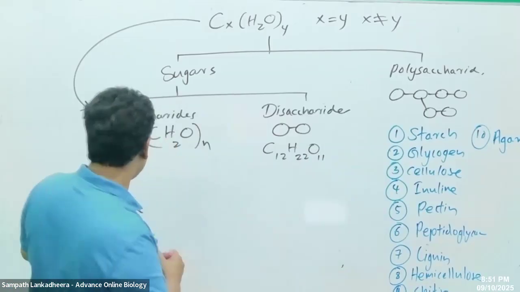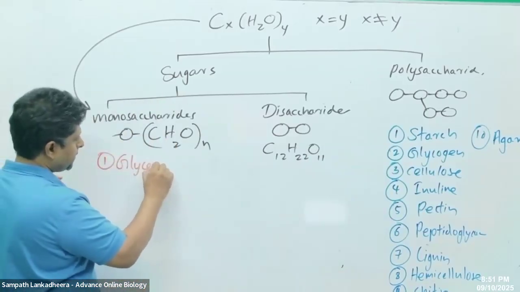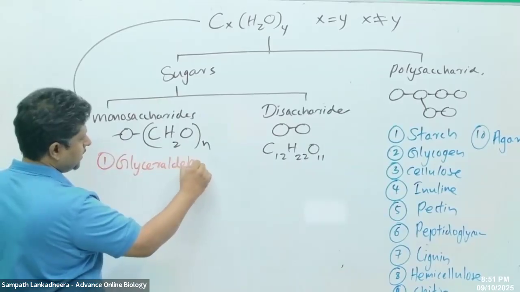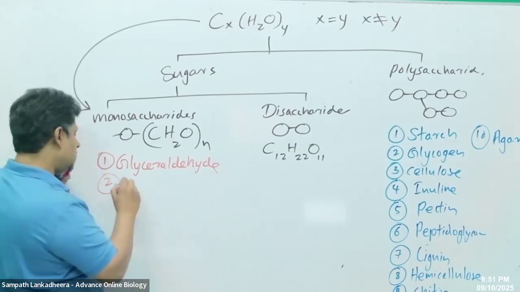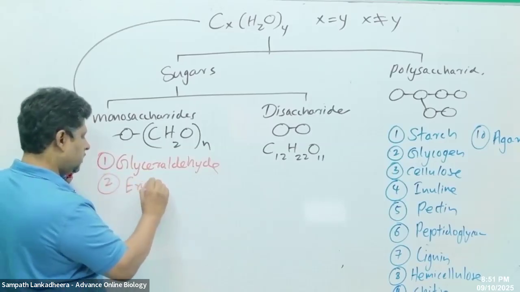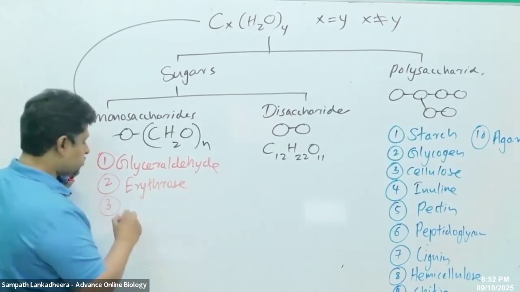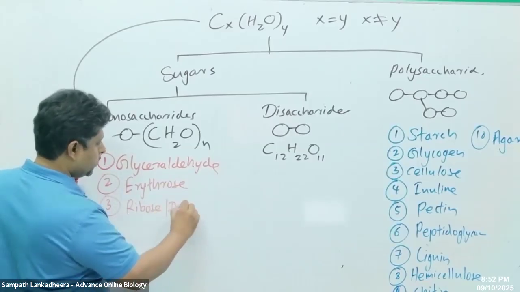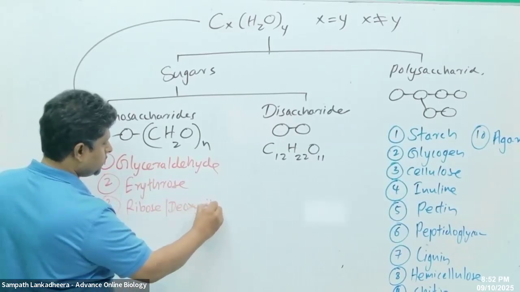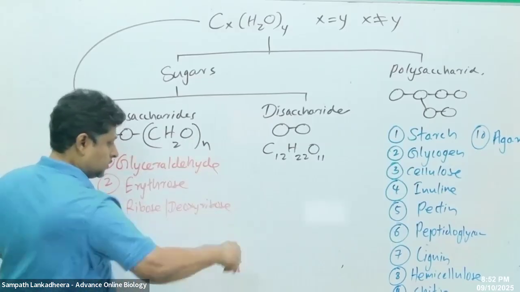Monosaccharides, people, we had a list: glyceraldehyde, erythrose, ribose, deoxyribose. Fourth one, what is that?